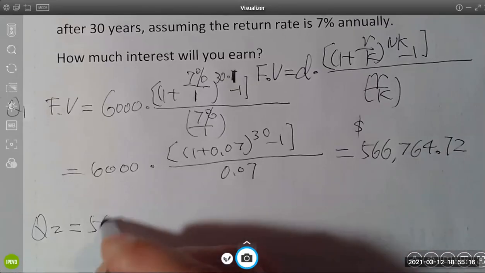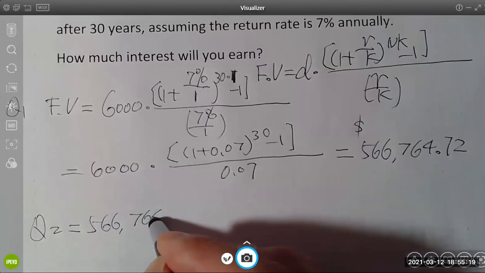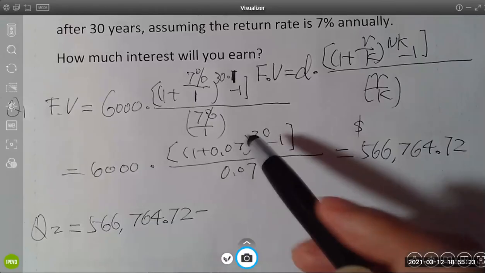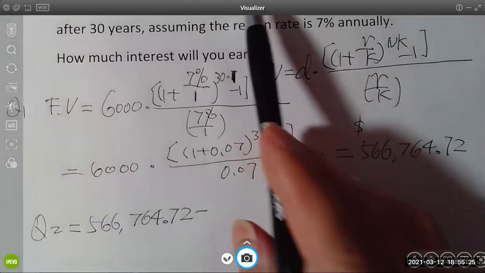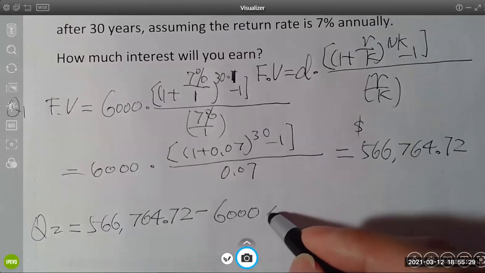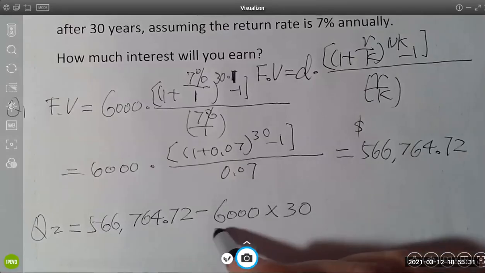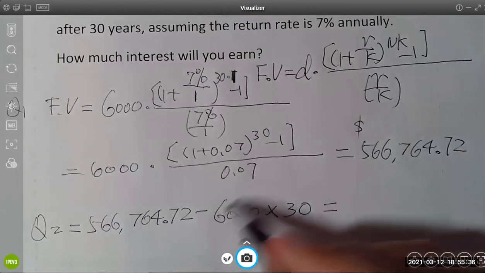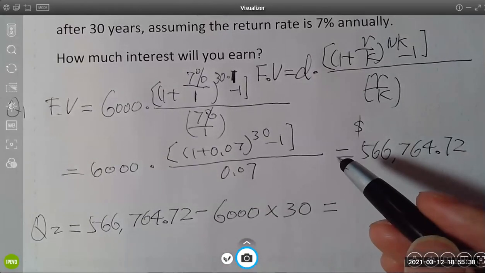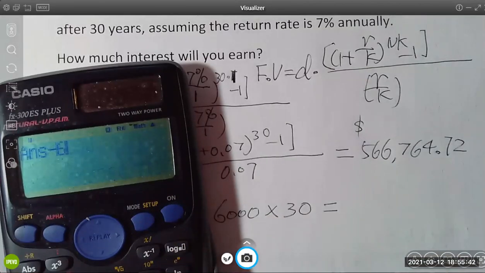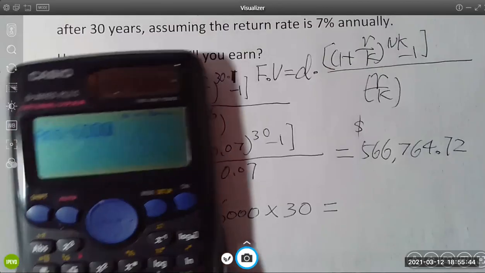We use your total account value in the end, subtract your total deposit. Make sure you calculate your total deposit correctly. We deposit 6,000 every year. How many years do we do that? We do it for 30 years, 180K actually. And that's our deposit. Take this away, the rest must be the interest. So I still have this number in here. I just subtract 6,000 times 30.